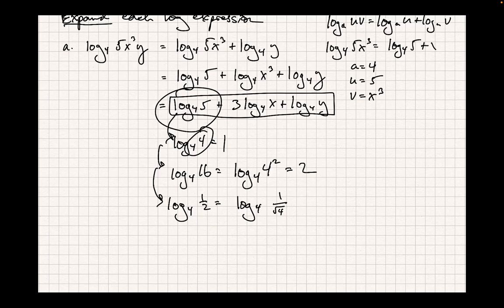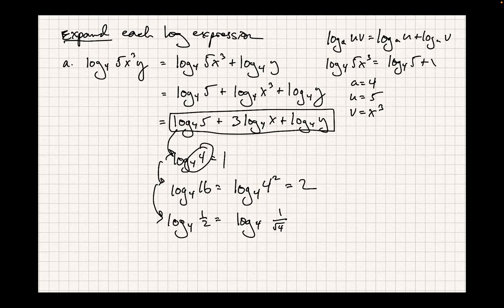Well, on the properties we learned that if you have log base a of x, like a being 4 and x being 5, you could change that to log x over log a, so log 5 over log 4. But I would not want to see log 5 over log 4, or ln 5 over ln 4, because I'm asking you to expand this.